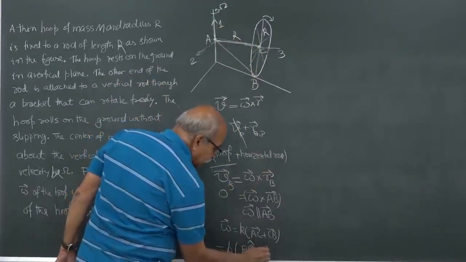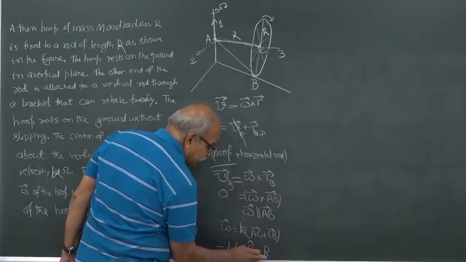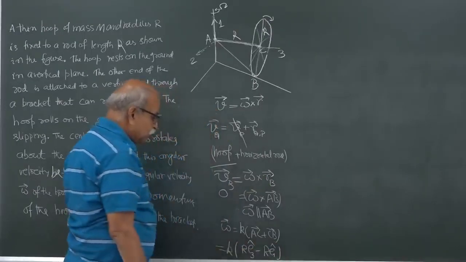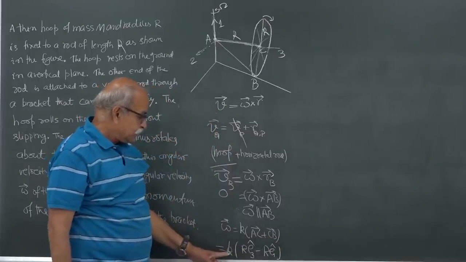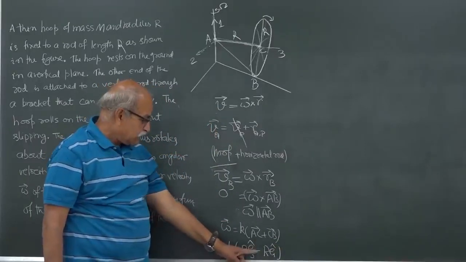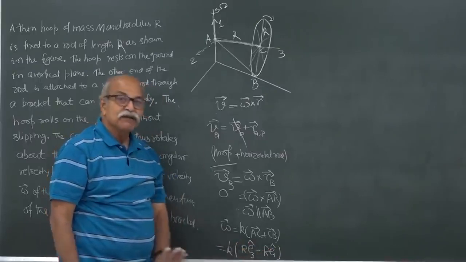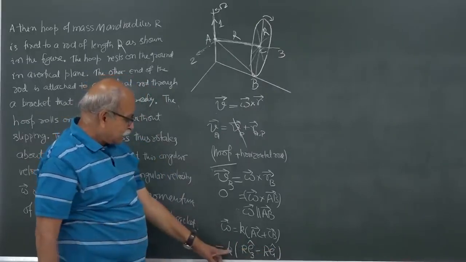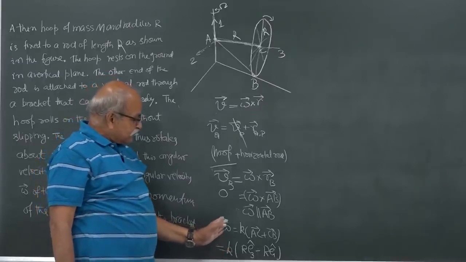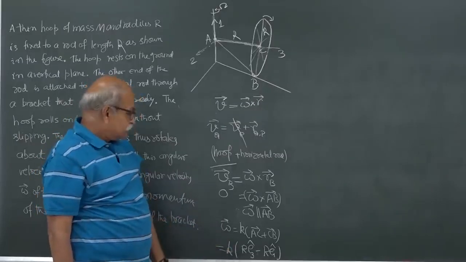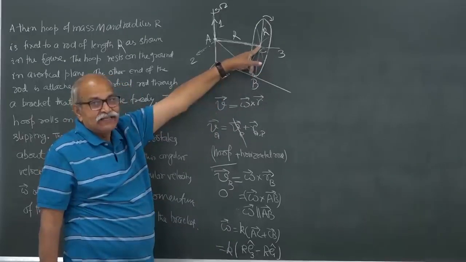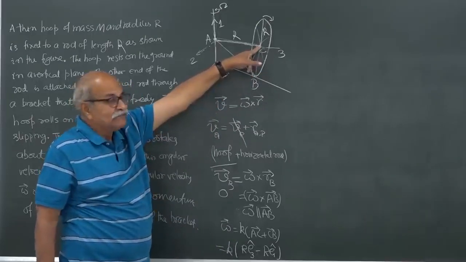So, omega is K times R E3 cap minus R E1 cap. Now, this K is unknown yet. Once I have written the expression for omega, with this omega I can also write the velocity of point C. So, what is the velocity of point C?